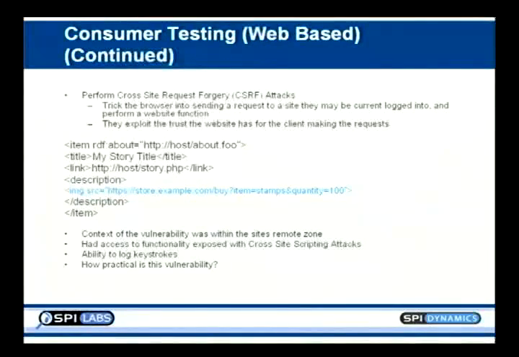Let's say, for example, that I'm logged into my bank, and on another site, they have an image source tag. In that image source tag, it contains a command for the bank that I'm logged into. Mind you, I have to be logged into it for it to be of any use, but if I'm logged in, and I view that other site, my browser is now going to send a request to that bank. As far as the bank's concerned, I'm logged in. I'm sending a legitimate request.